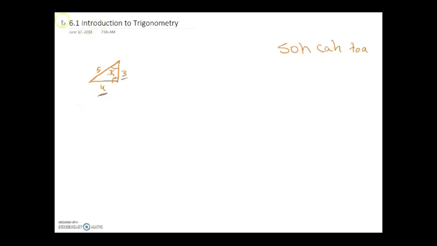Now let's solve for sine x, cosine x, and tangent x.